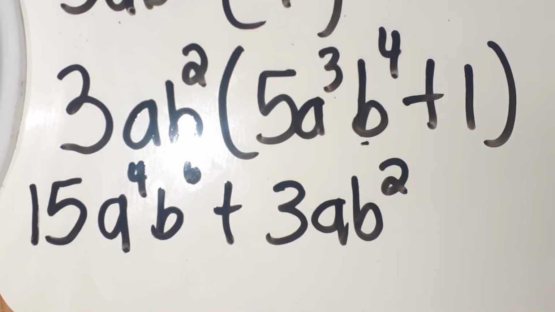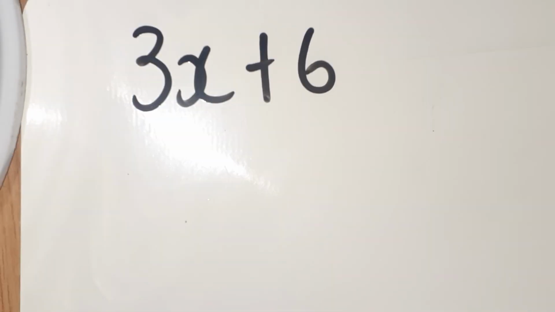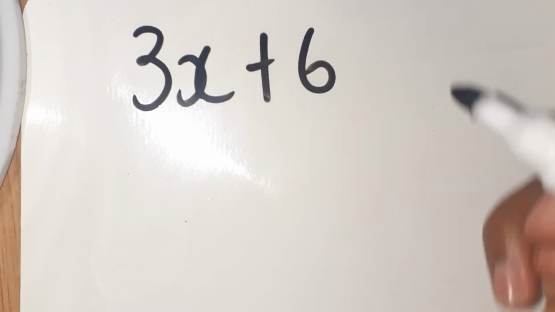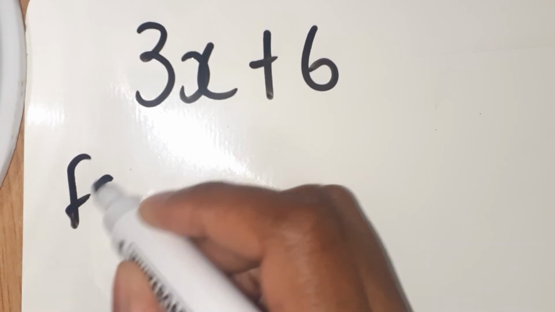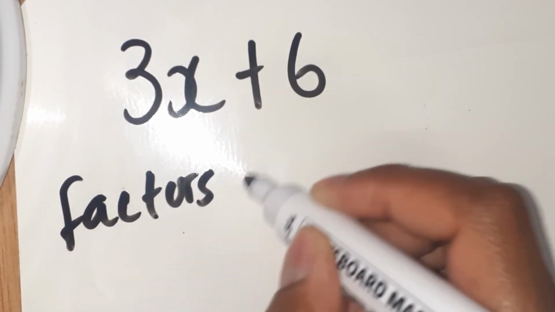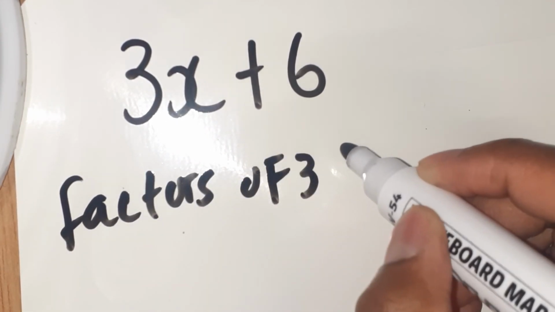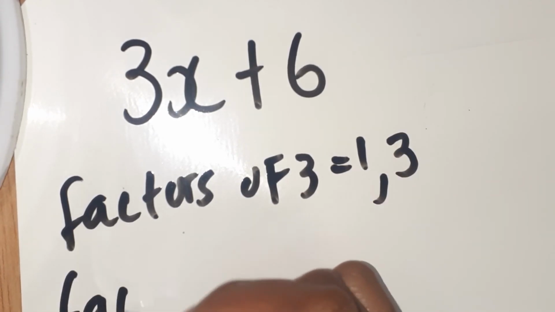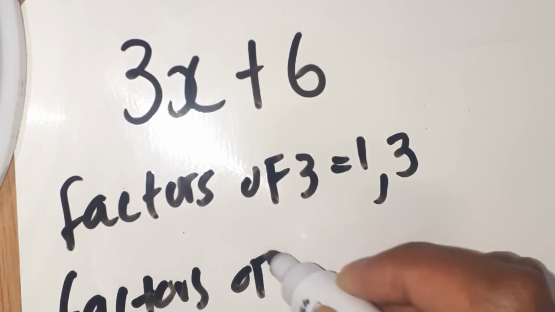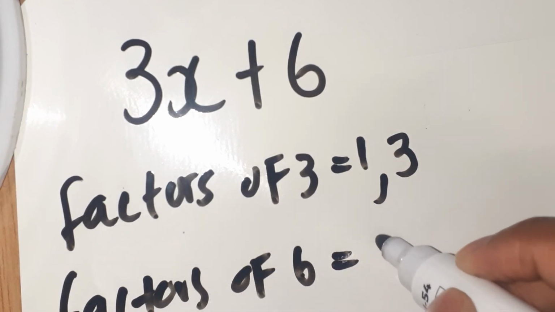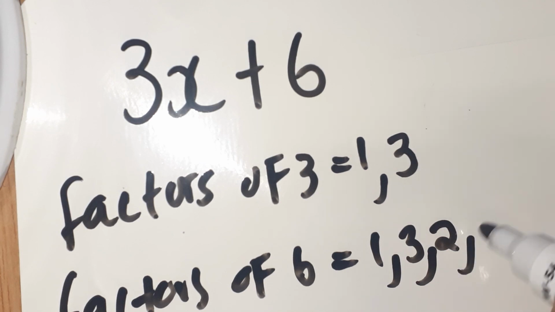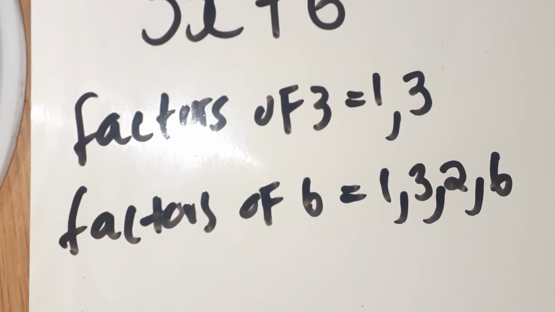I hope you understand that, guys. Let's see this one for instance. When you factorize this, the factors of 3 are 1 and 3. The factors of 6 equal 1, 3, 2, and 6. Because 1 times 6 is 6, 3 times 2 is 6.